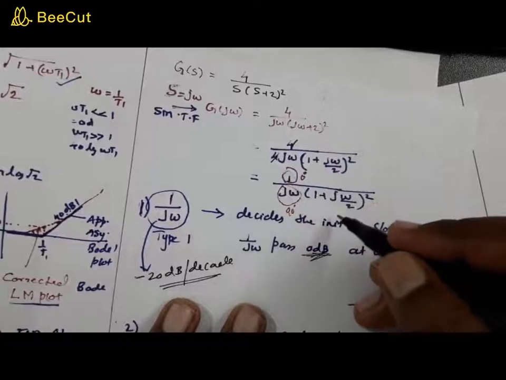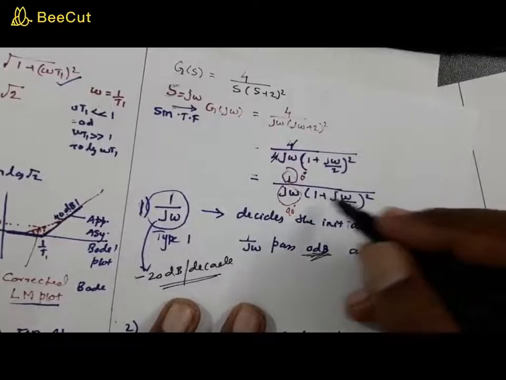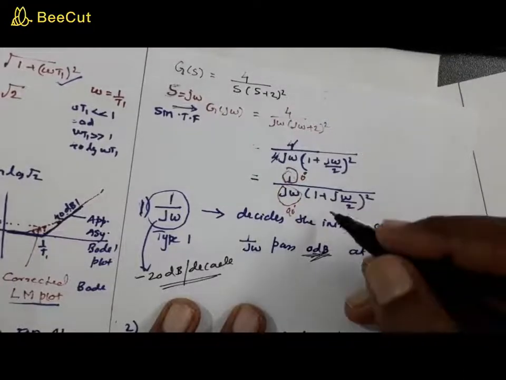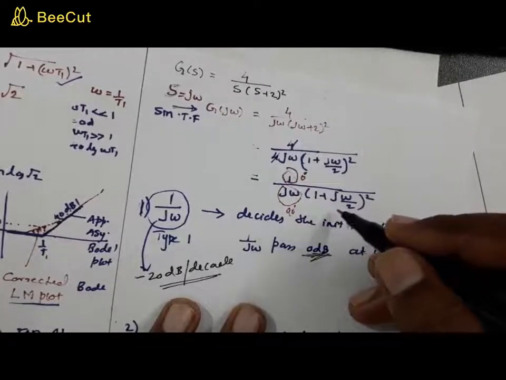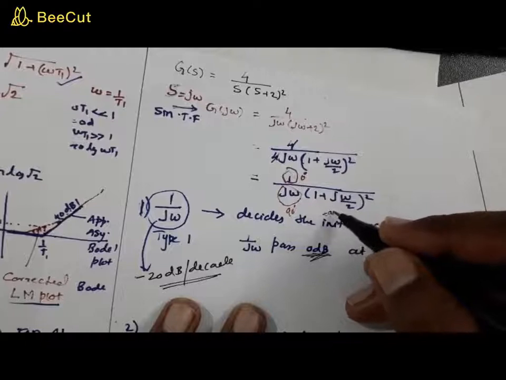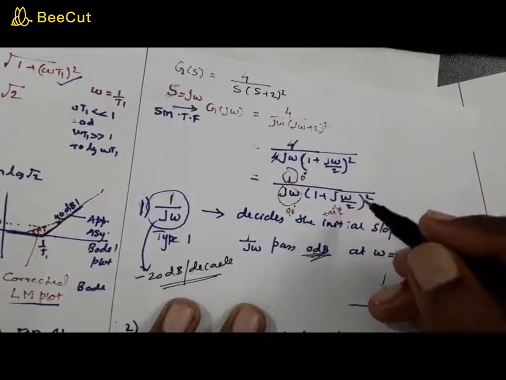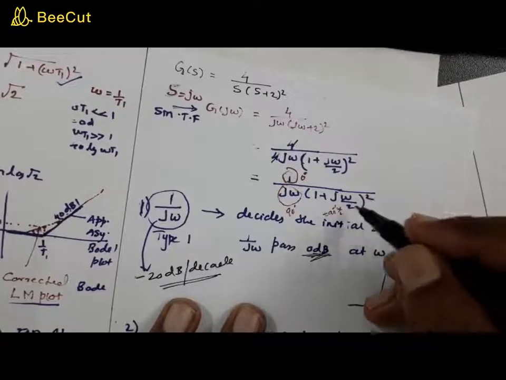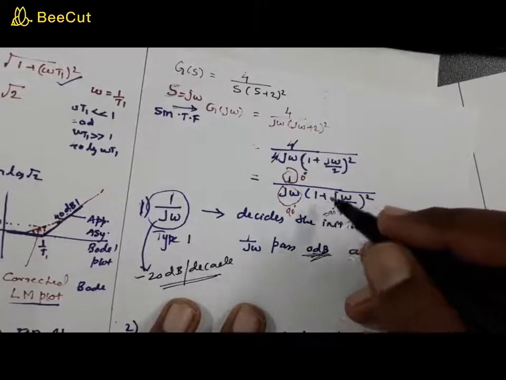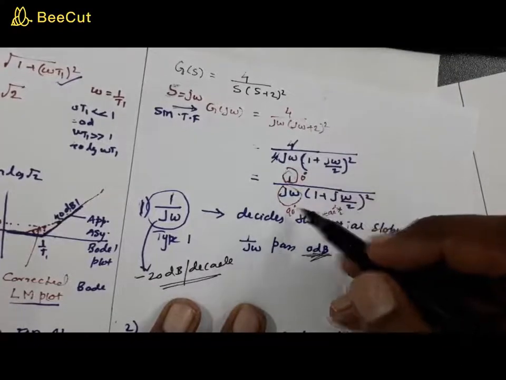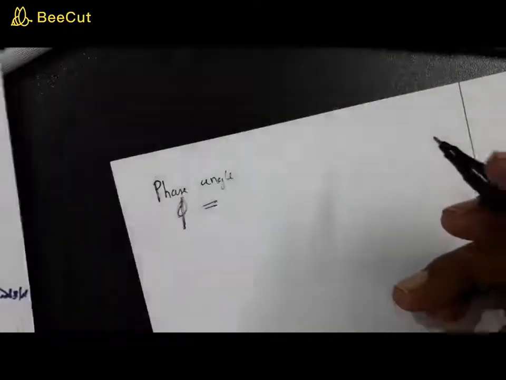What about this? You have two terms, that is 1 plus j omega by 2 into 1 plus j omega by 2. So this is tan inverse omega by 2, right? But there are two terms, so when you add this, the effective phase will be the numerator phase minus the denominator phase.